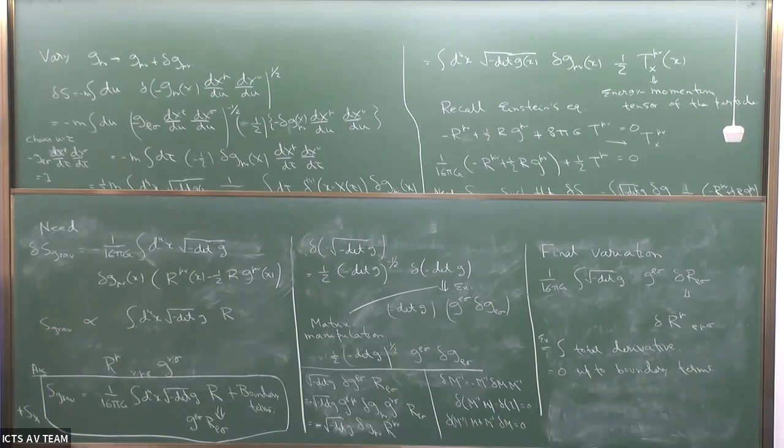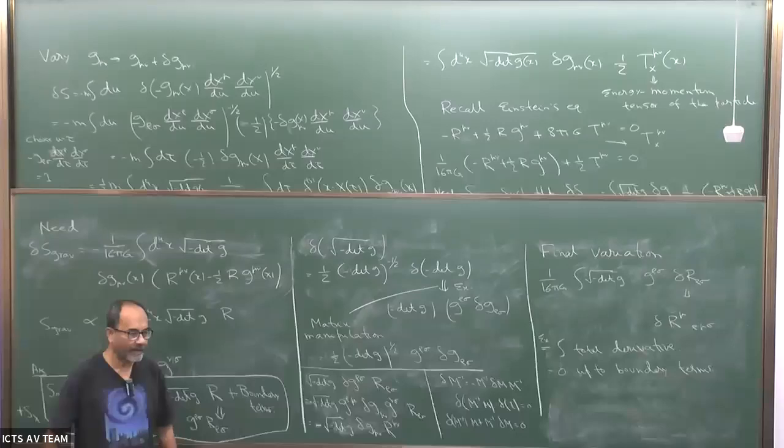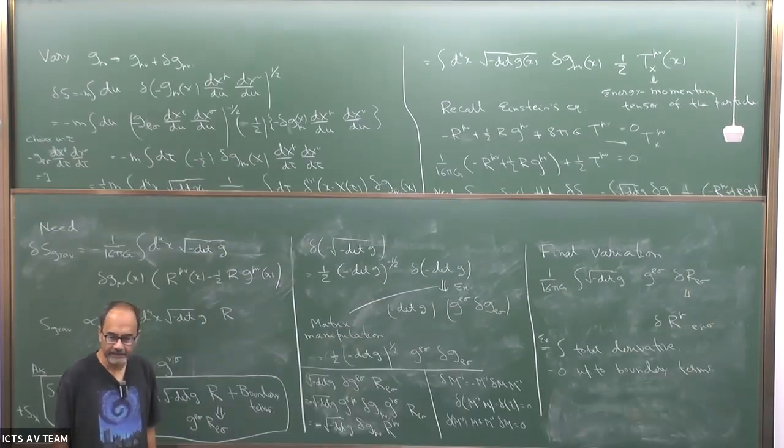Is this clear? So then you just have to write one action instead of writing many equations. Given one action that contains all the equations, both the Einstein equation as well as the geodesic equation.